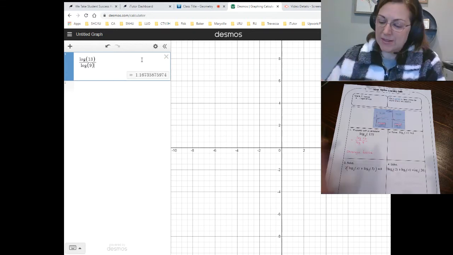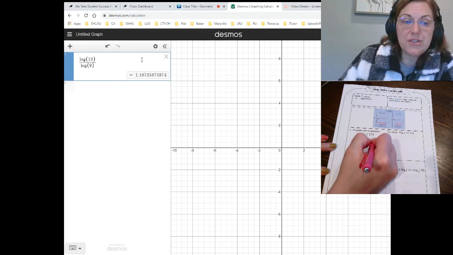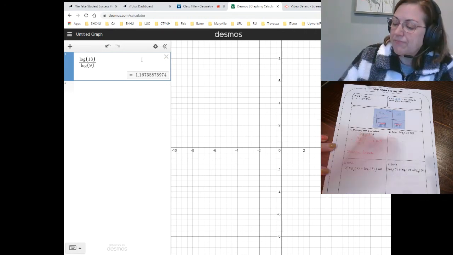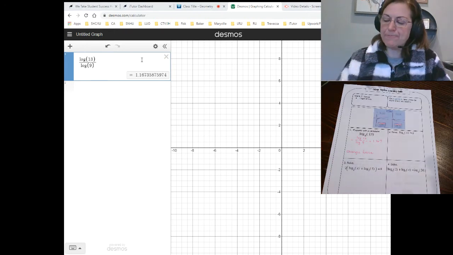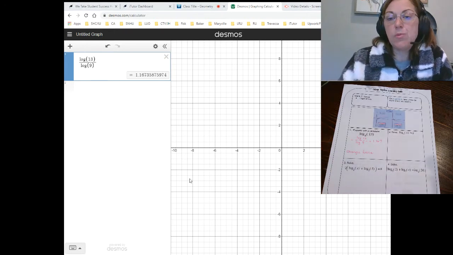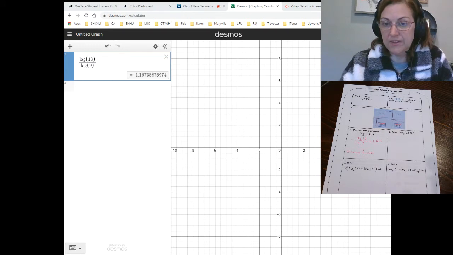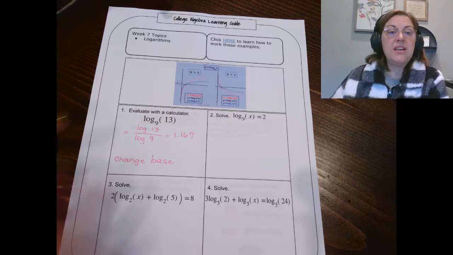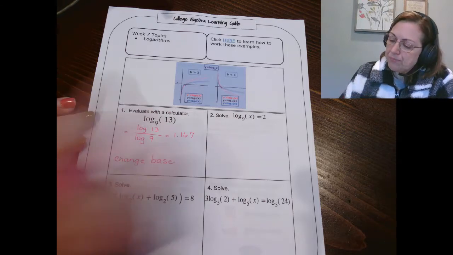When you use the parentheses, the calculator will understand that log that I just typed as the logarithm, okay? So that's one way to get your calculator to tell you a value is to use a change of base formula. Okay, let's go back to our learning guide then and look at problem number 2.